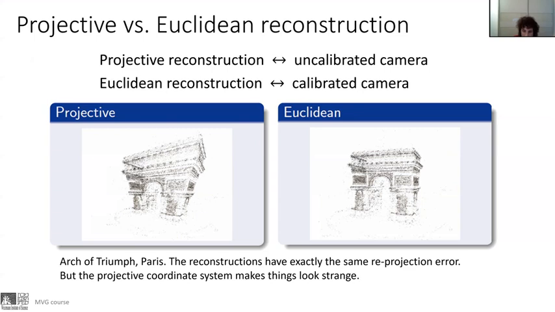This difference, and we'll have many lessons about it, is called the reprojection error, and the reprojection error is in the same order on the right and on the left.